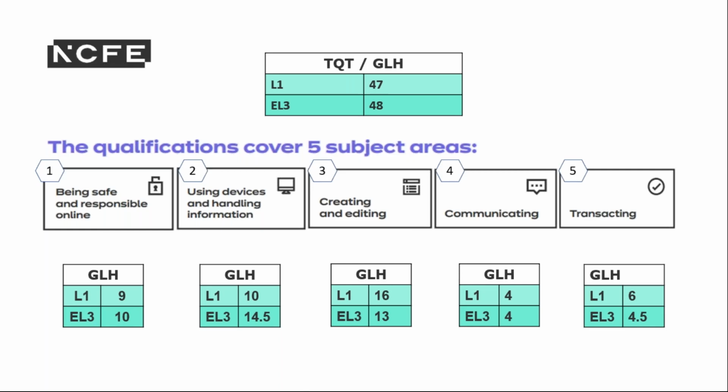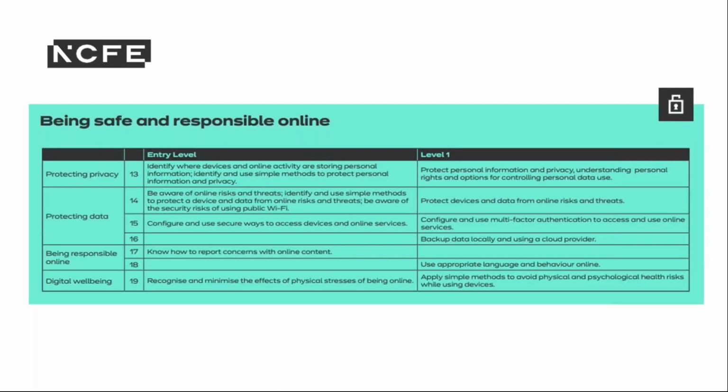And to make the cross-referencing, the assessment and the quality assurance a little easier, we've used a sequential numbering system for each section of the content. So the learning outcomes for being safe and responsible online are listed on the slide, and you'll also find them in the qualification specification in the materials section on QualHub, which I'll cover a little bit later on.